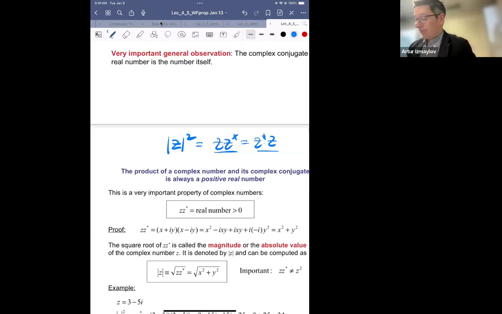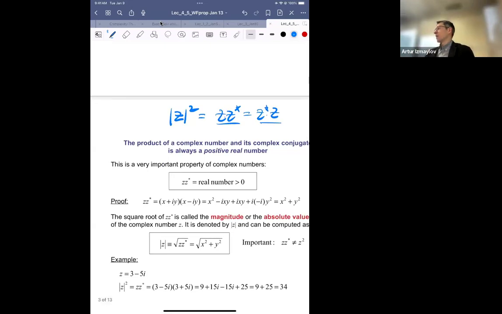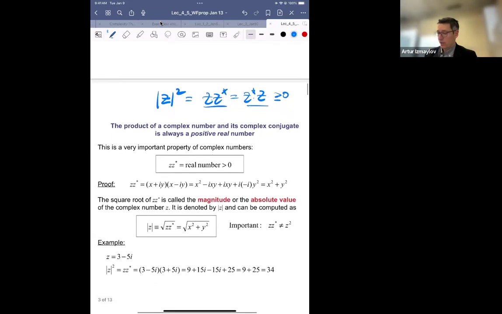The reason to use the absolute square instead of just a square is that the square of a complex number is not necessarily a real number. But the absolute square is always real, and it's always greater than or equal to 0. If z is 0, then you get 0, but in other cases it's always positive.